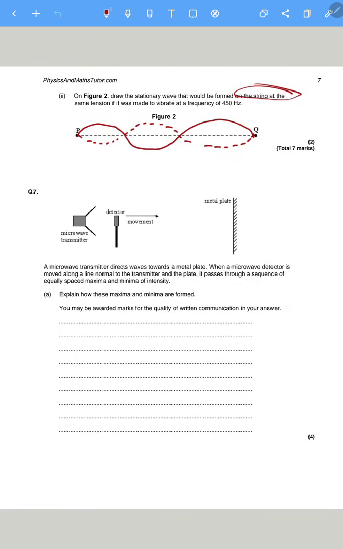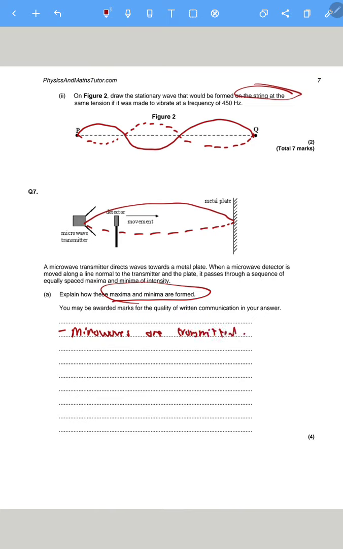A microwave transmitter, and maxima and minima are formed. Okay, so the microwave transmitter does that and it reflects back like that. So microwaves are transmitted, reflect off the plate, and travel in the opposite direction.